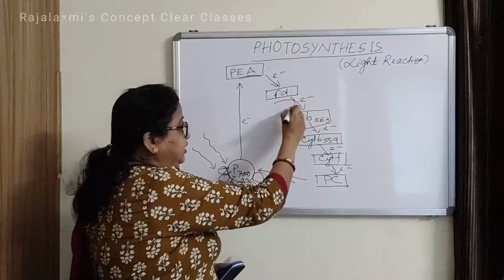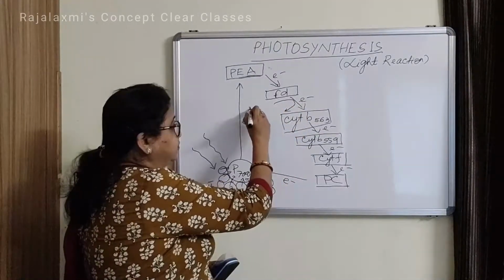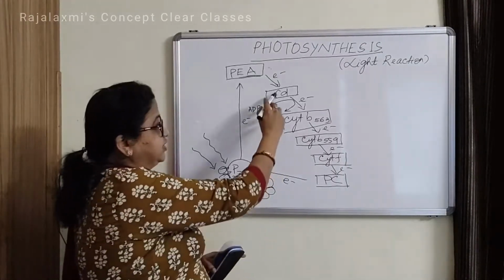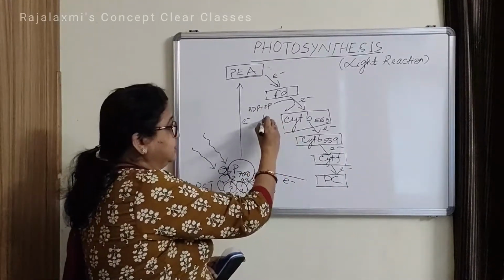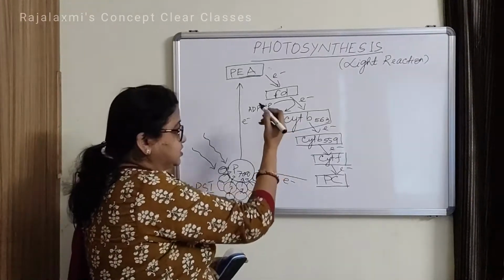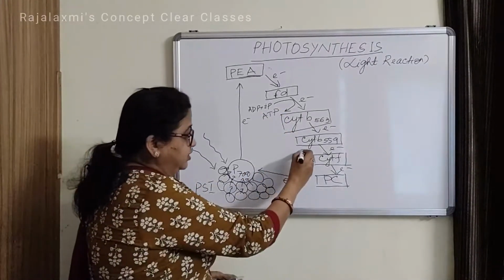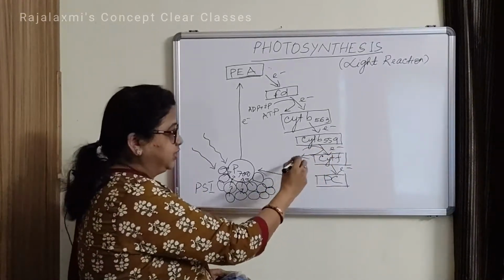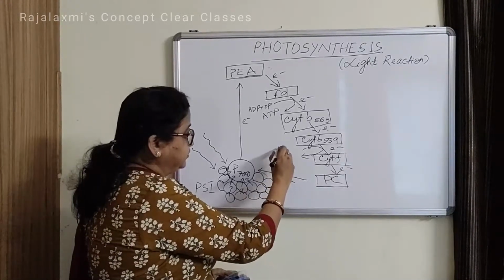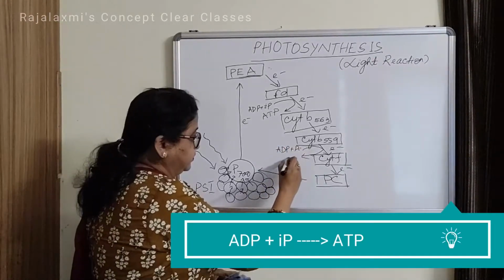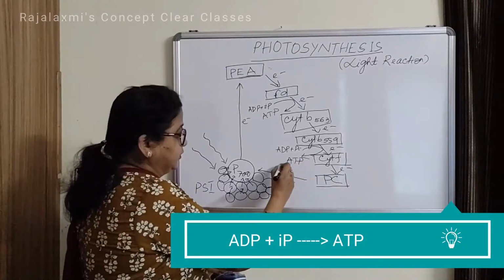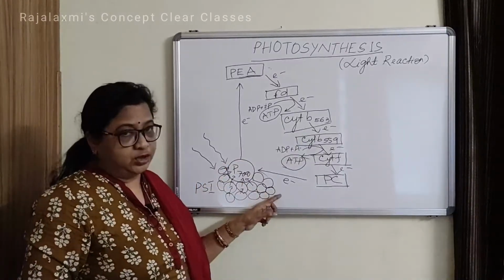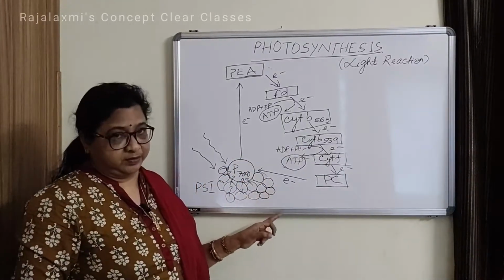One, when the electron moves from ferredoxin to cytochrome B, one ATP molecule is synthesized, and another when the electron moves from cytochrome B to cytochrome F. So during cyclic photophosphorylation, two ATP molecules are formed.